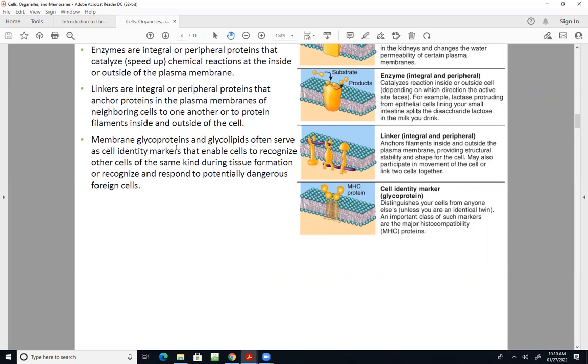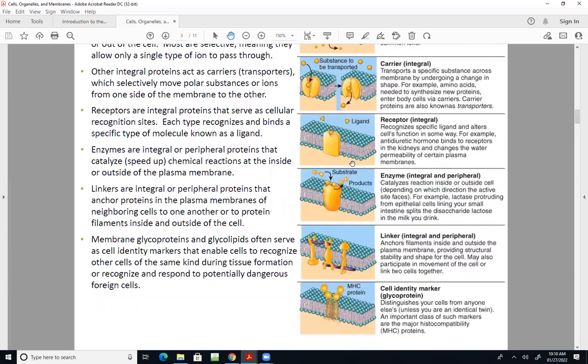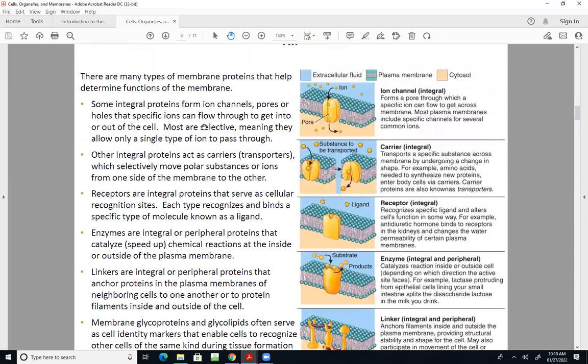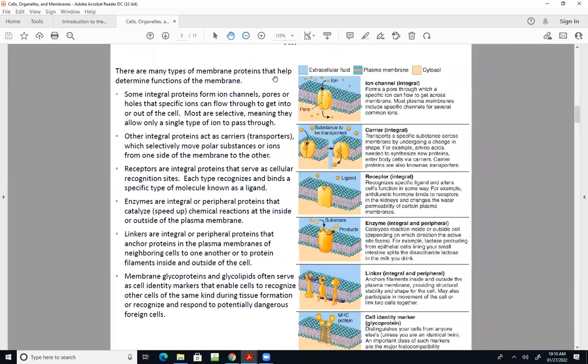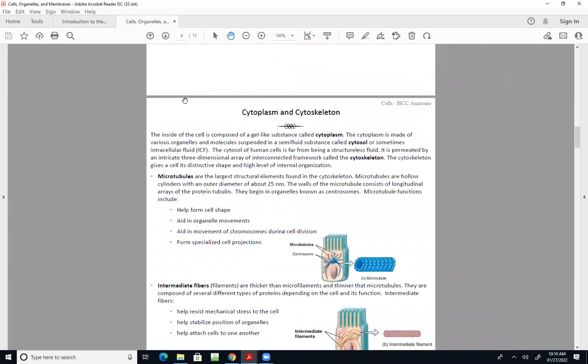They enable cells to recognize one another. Very important, like when tissues are forming, and when our immune system cells respond to potentially dangerous foreign cells. As far as the images, I'm not really worried about you knowing those. Just know what the different categories of proteins are.